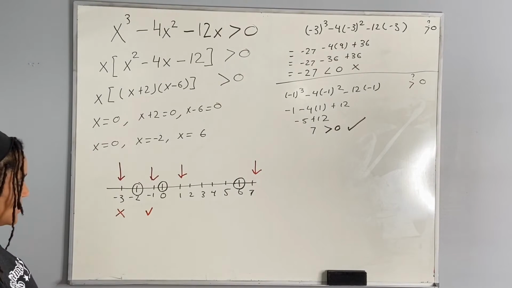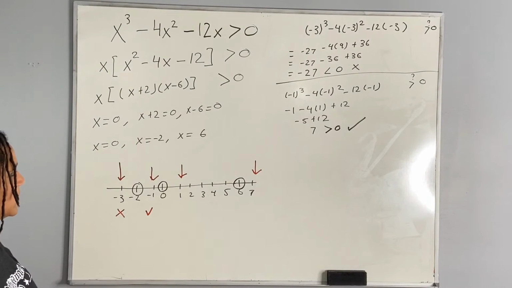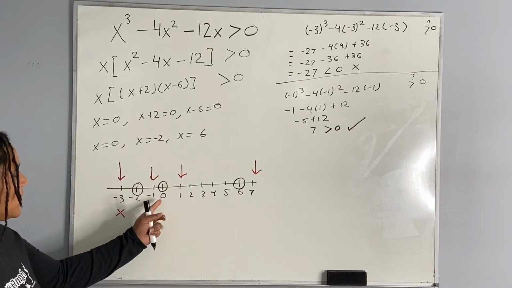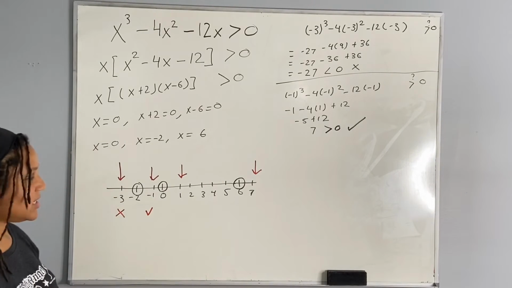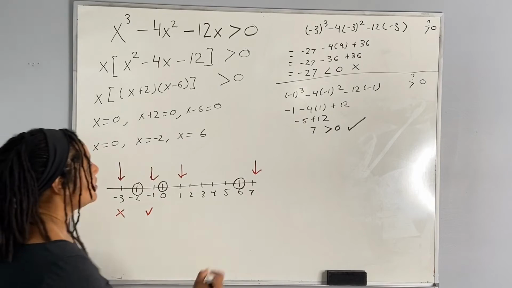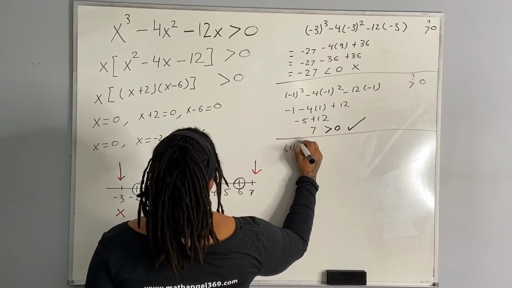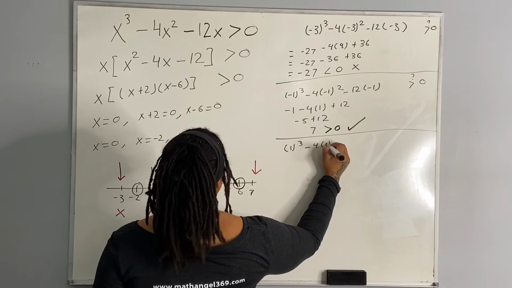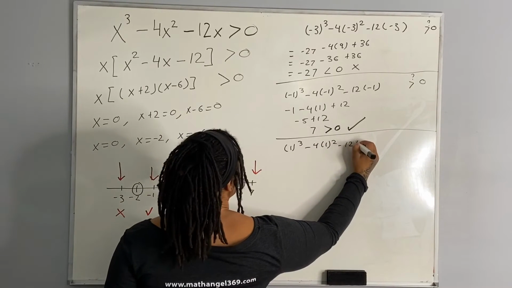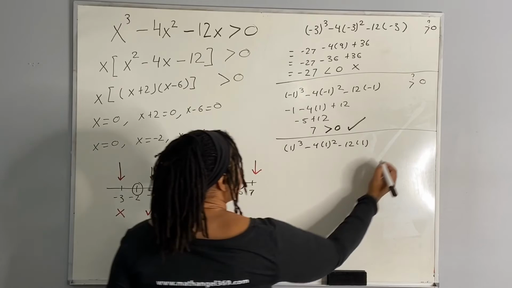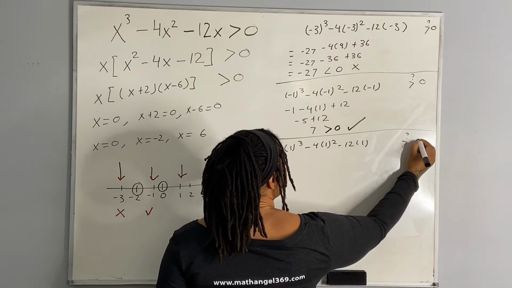Now let us test the number 1, because the number 1 is between 0 and 6. If I plug in 1, we get 1 cubed minus 4 times 1 squared minus 12 times 1. And we want to ask ourselves, is it greater than 0?